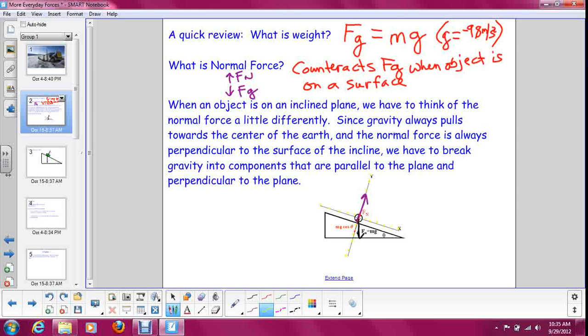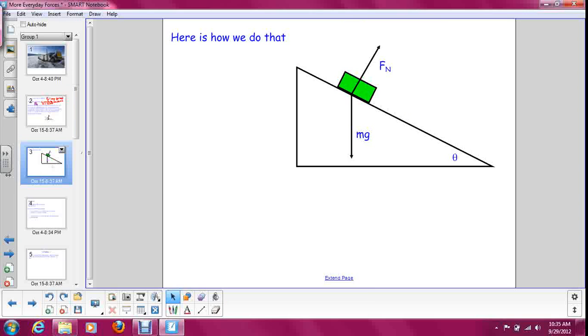So just remember, anytime you have an object on an inclined plane, the normal force is perpendicular to that plane. So this is how we do it. We have the normal force pointing perpendicular, and we have gravity pointing straight down.